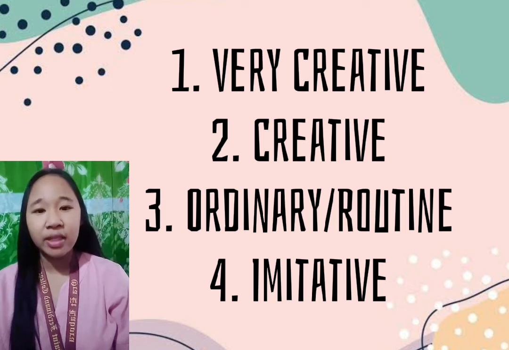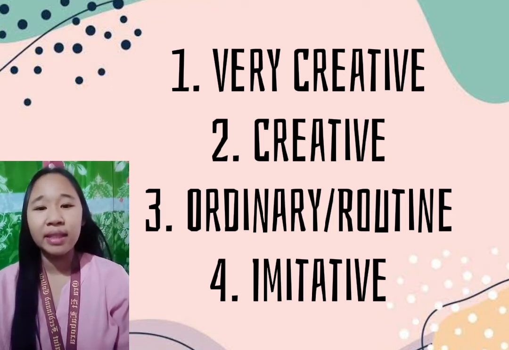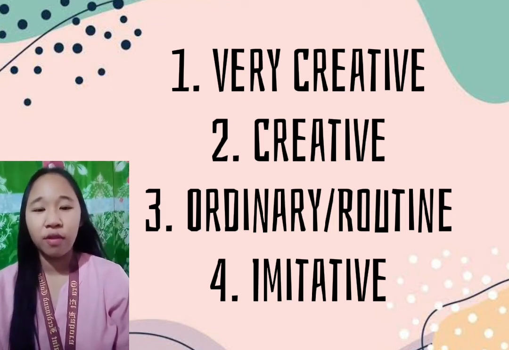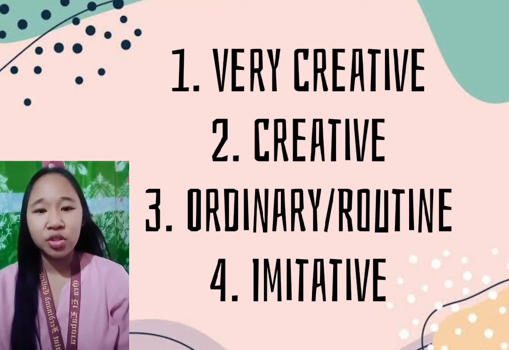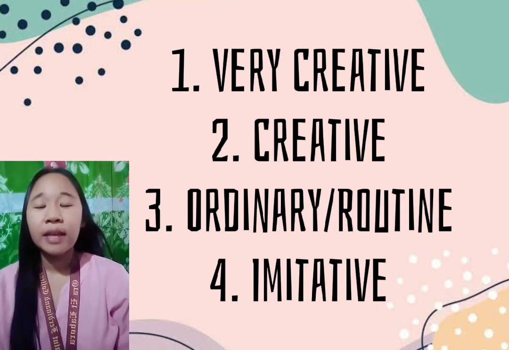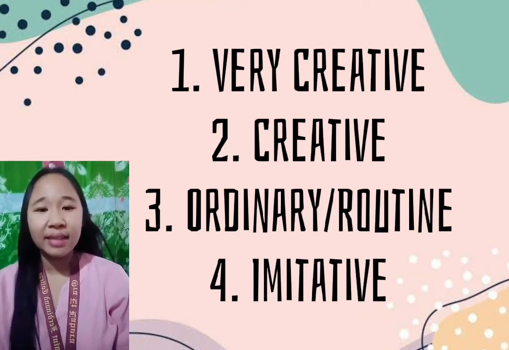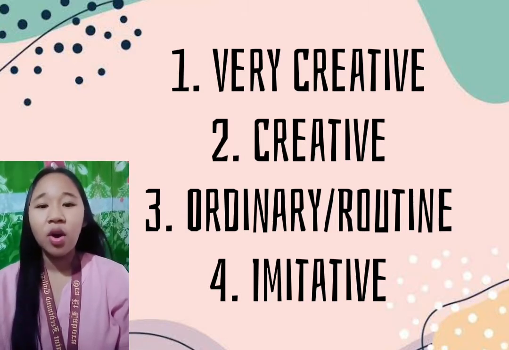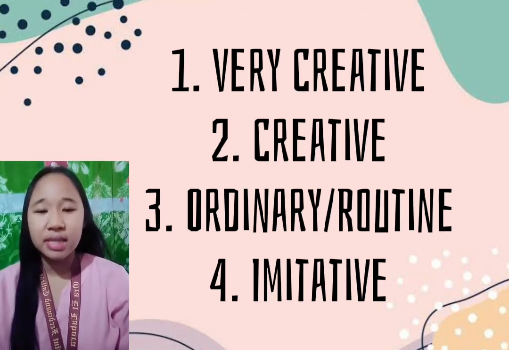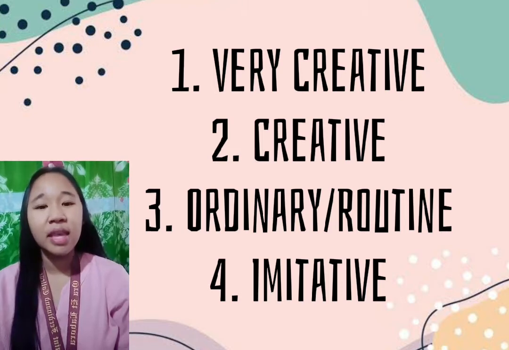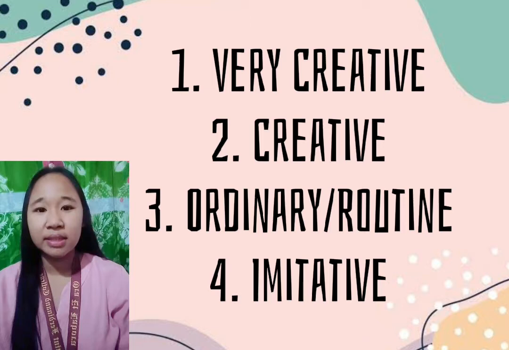In very creative, ideas are combined in original ways to solve a problem, address an issue, or make something new. In ordinary or routine, the ideas represent important concepts from the same or similar contexts or disciplines. And last, in imitative, ideas do not represent important concepts. Ideas are copied from the sources consulted.